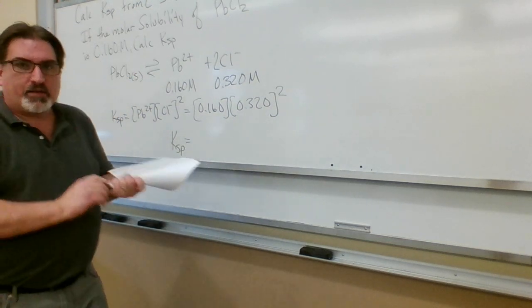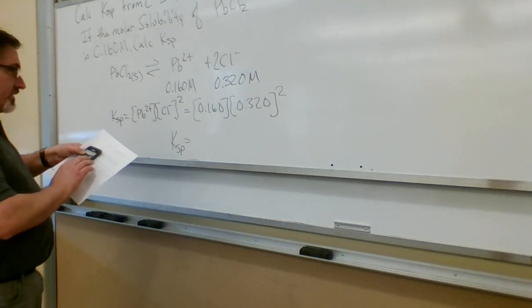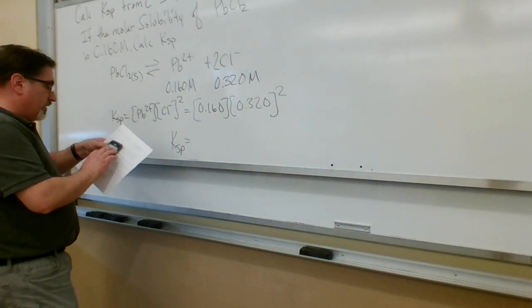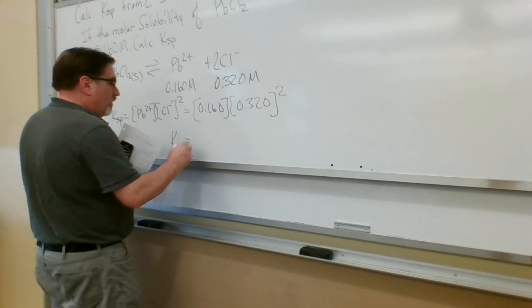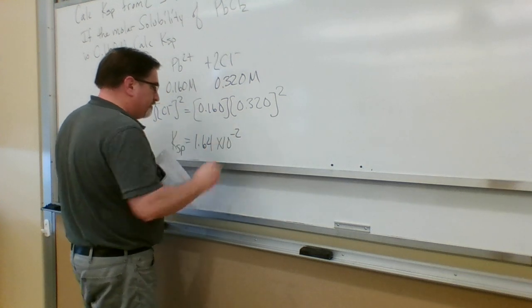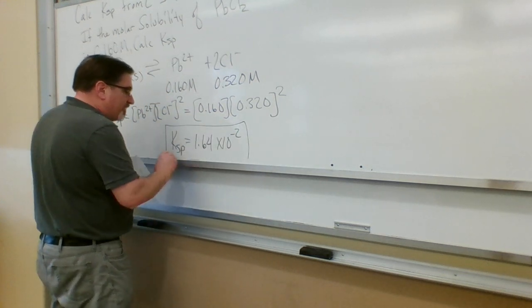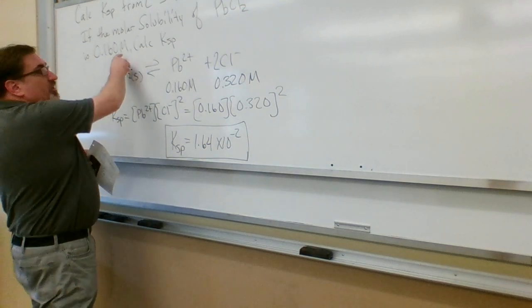So we grab our calculator. 0.16 times (0.32) squared equals 1.64 times 10 to the minus 2. That would be the KSP for PbCl2 based on solubility data.